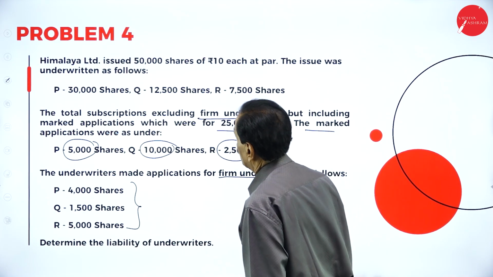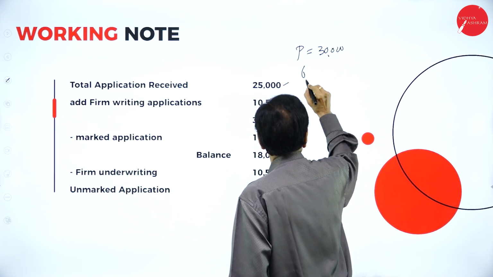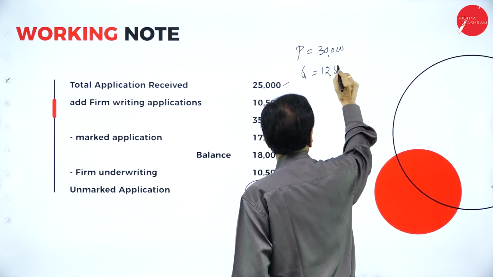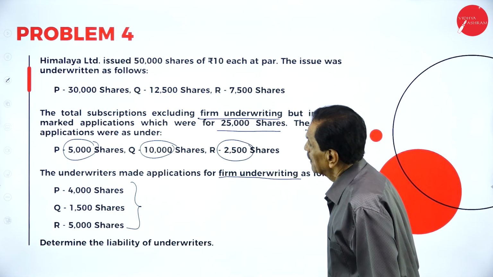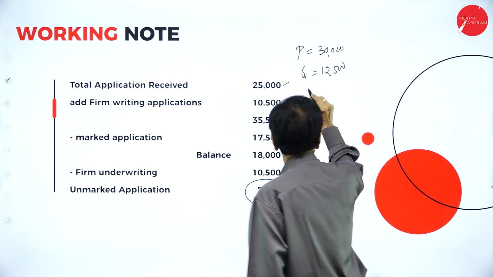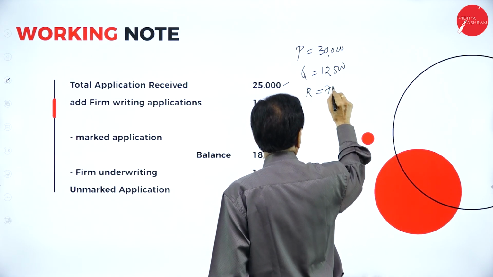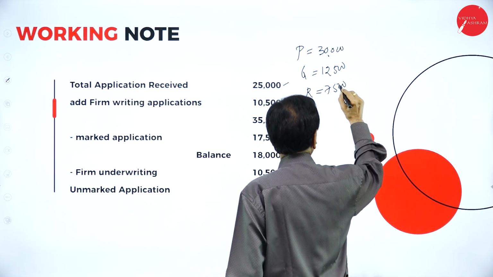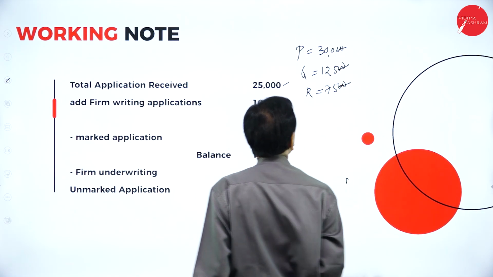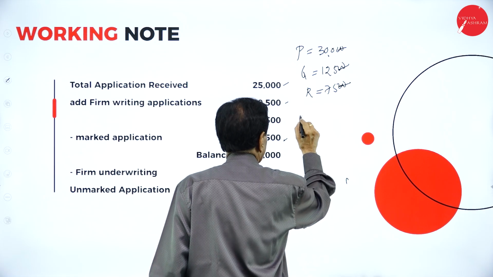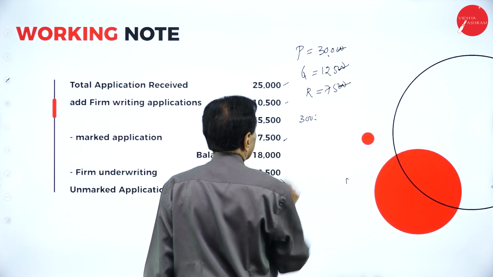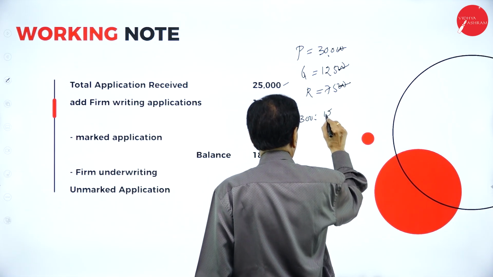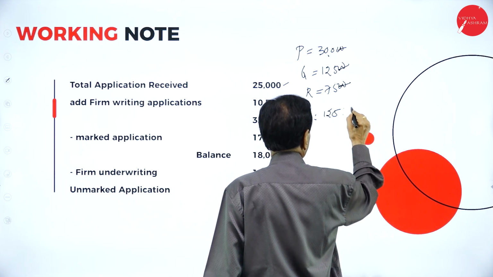Then Q 12,500. Then R 7,500. Take the ratio, cancel these two. 300 is to 125 is to 75.